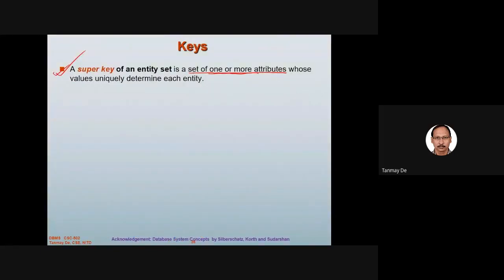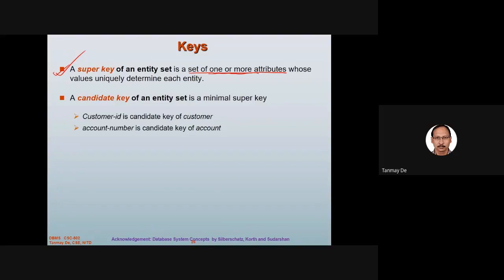A super key is a set of one or more attributes whose values uniquely determine each of the entities. What is the candidate key? A candidate key is the minimal super key. A candidate key of an entity set is the minimal super key, that is, the minimum number of attributes to uniquely identify each entity in the entity set.